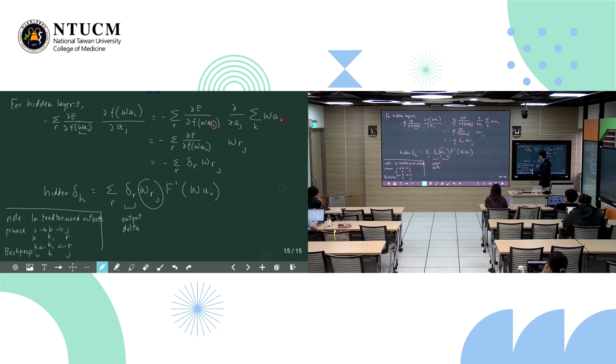But there's this direction where we first propagate, feed forward the activity, and calculate some delta. Then the delta R is used to feed back to get the delta H's. And the delta H's are used to update the weights of the hidden layers.